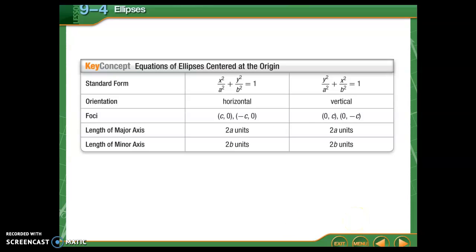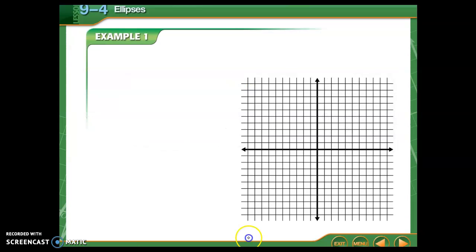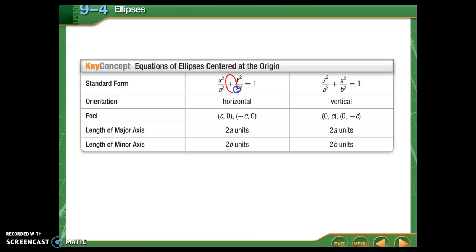So when I'm looking at this, you can see there's two ways that this is written. One, there's a plus sign, so that's going to help you with telling the difference between the equation of a hyperbola and the equation of an ellipse. Two, notice your x is written first here, and that means that it is stretched more on the x-axis, left and right, and here your y is first, so that means it's stretched more vertically.